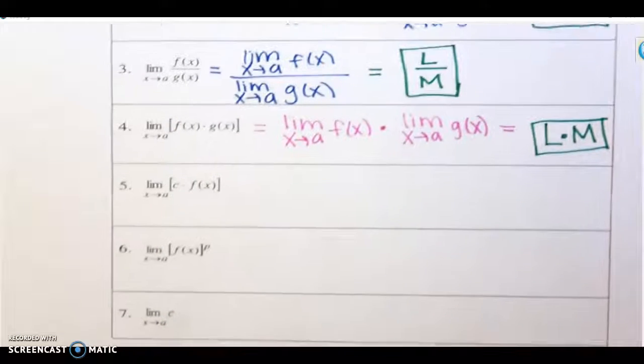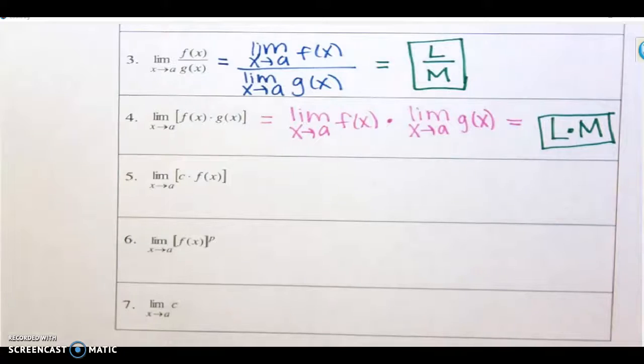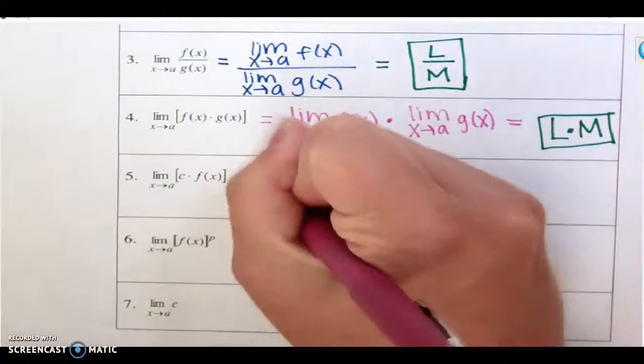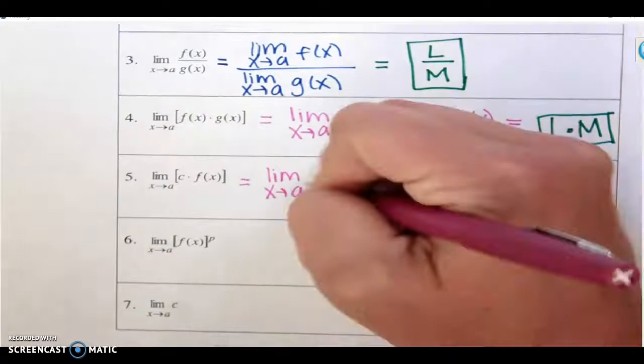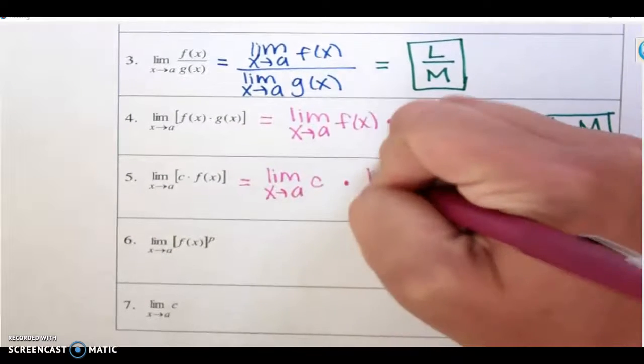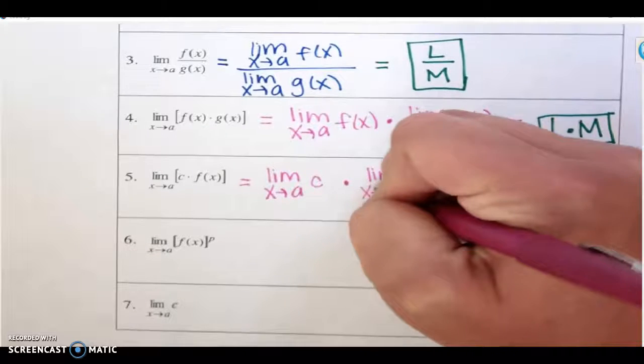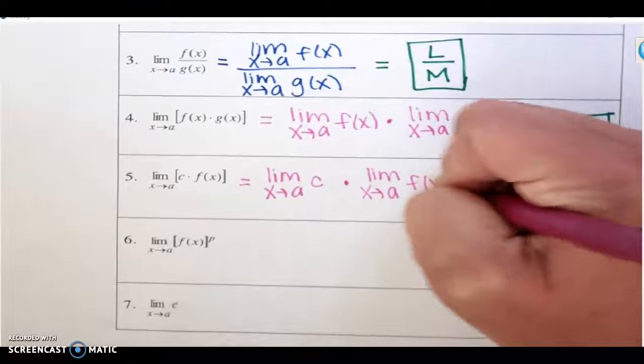So then a few more properties. Looking at number 5, the limit as x approaches a of c times f of x, and c is just a constant here, like the number 5 or something. Well, what you can do here is you can rewrite it as two separate limits. So the limit as x approaches a of just c times the limit as x approaches a of f of x.